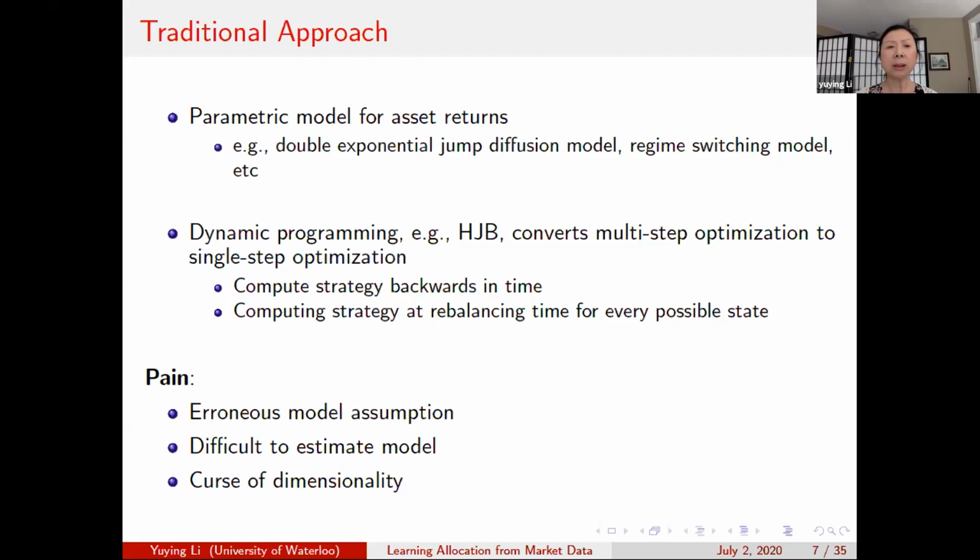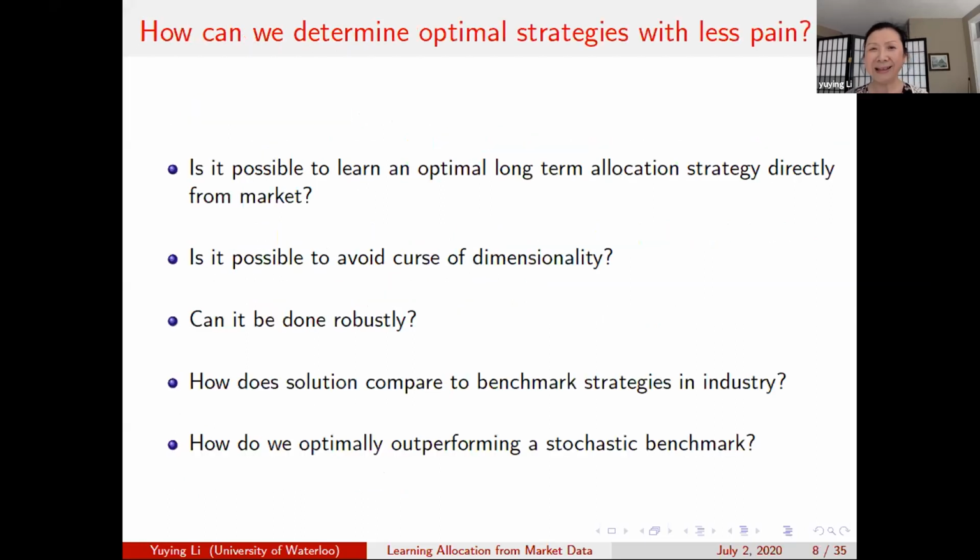And so the question is, is there another way? Can we do it in a different way? Can we solve this optimal control problem more easily and robustly? So that's our objective. The specific question we ask ourselves is, okay, our starting point is a single path of market return realization.